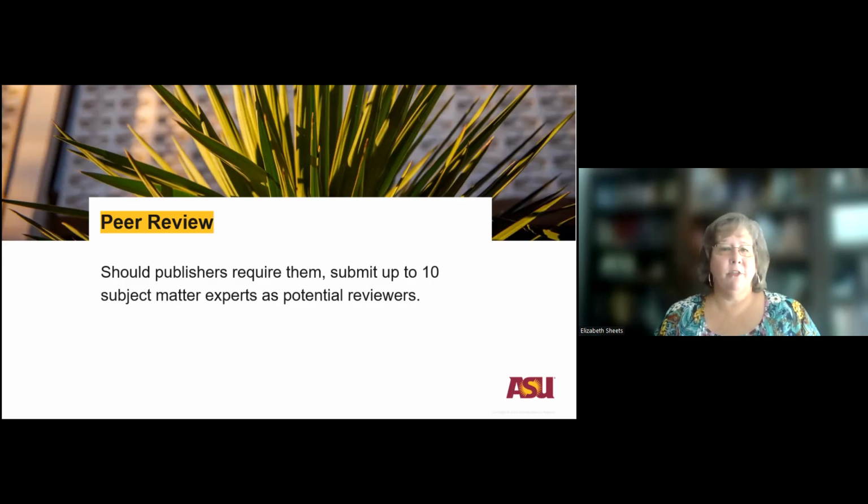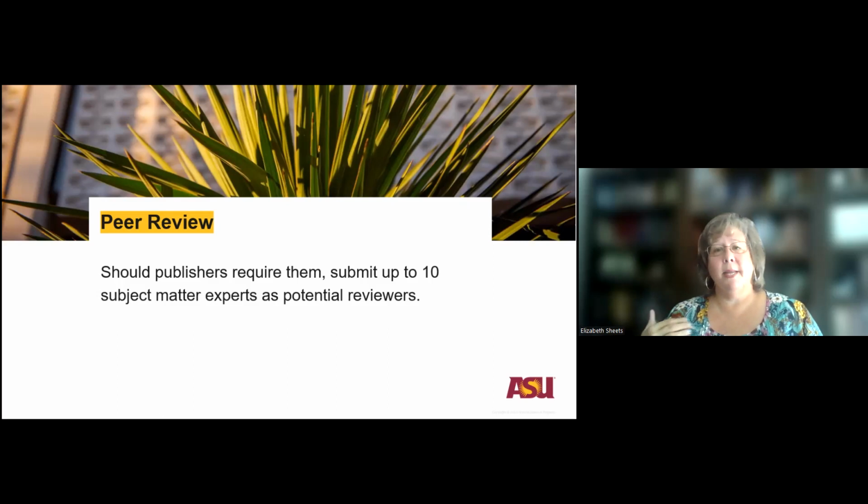I don't recommend that you suggest anyone that works at your university or anyone that has worked with you on this project or in the research that you're writing about. Go to your bibliography, the sources that you cite in your work. These are going to be the authors that you want looking at your work and reviewing it for this publisher.